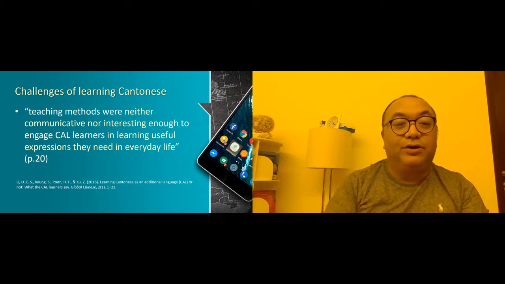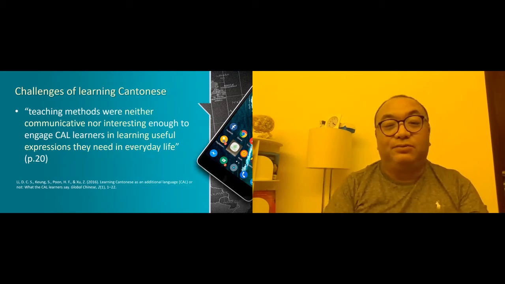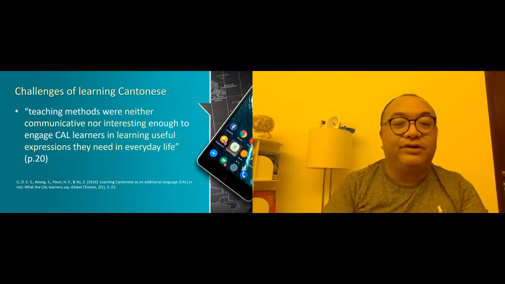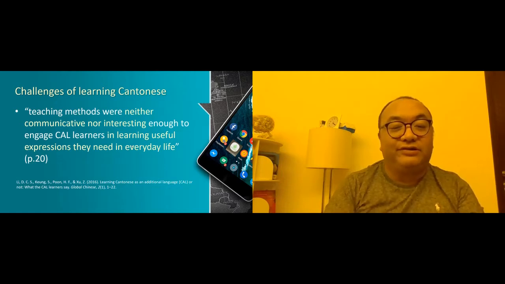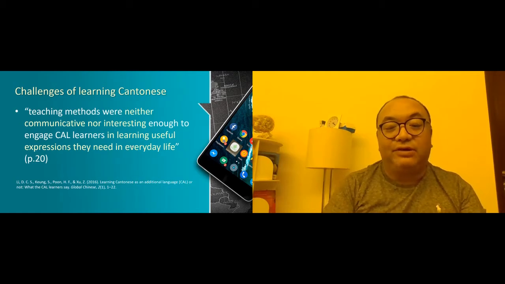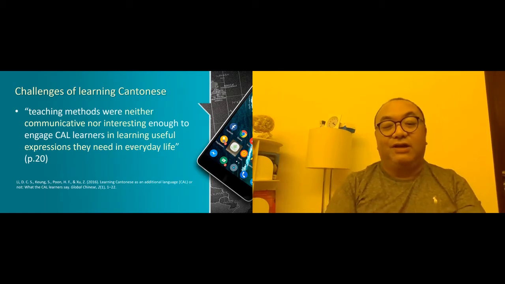This learner said that teaching methods were neither communicative nor interesting enough to engage CAL learners in learning useful expressions they need in everyday life. The CAL here stands for Cantonese as an additional language.